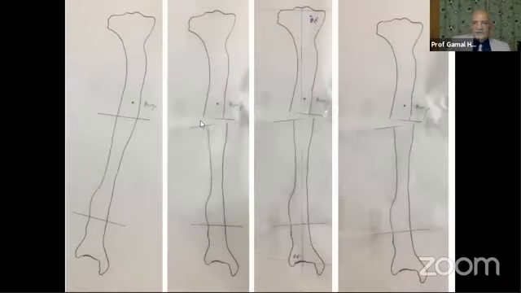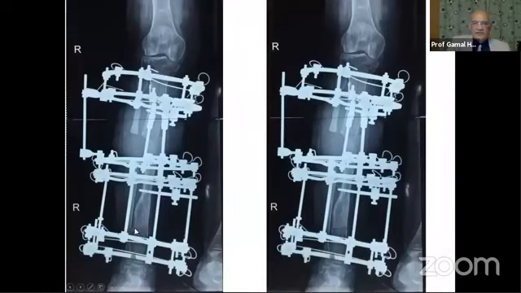And if you want to correct, you have to do osteotomies, and this is an example, an osteotomy here, another osteotomy here, and you do displacement of the distal segment to correct the mechanical axis. And this is an example, two osteotomies, as you see here. One just an angulation osteotomy, and another with displacement osteotomy.